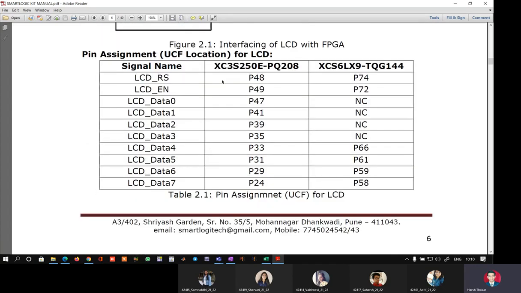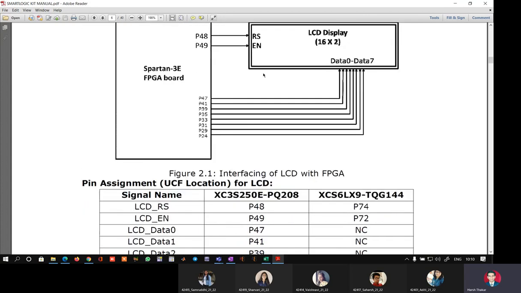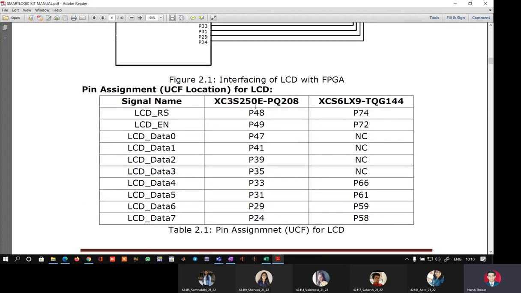The same thing is given here. Okay, so that means what? Whichever signal I define as output in the entity declaration of MVM, if that signal is going to drive the RS input of the LCD display, then I have to map that signal to pin number 48.